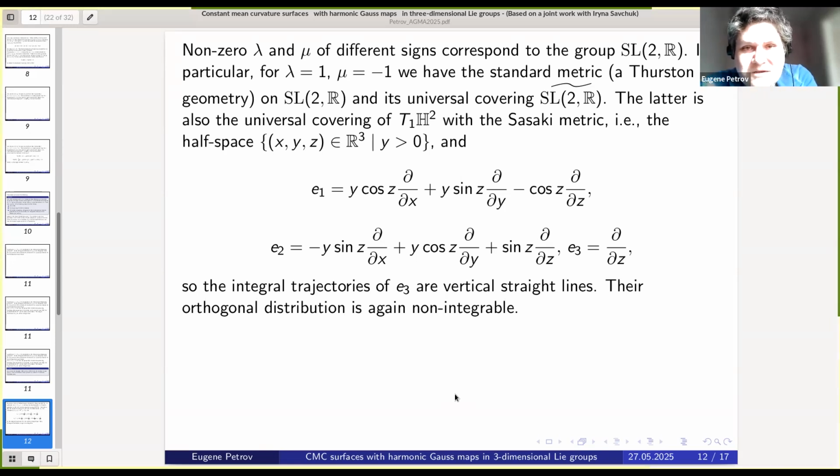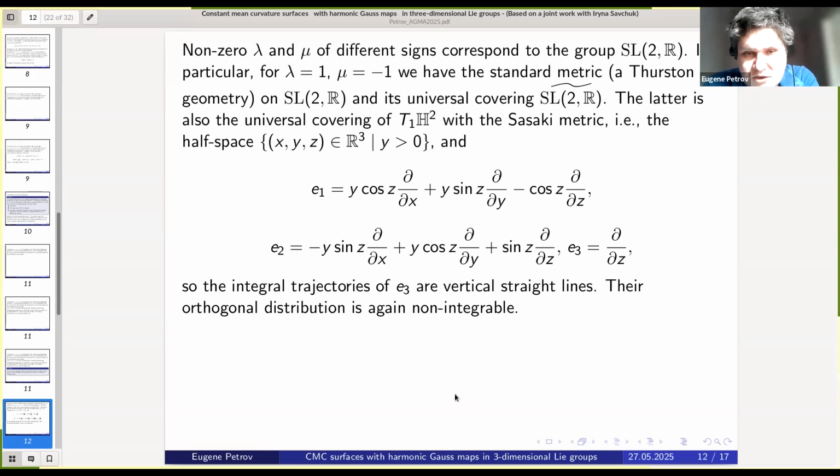So it's a standard Thurston geometry, as you heard from Igor already. This is also the universal covering of the unit tangent bundle of the hyperbolic plane with the Sasaki metric. And it has the following model. Of course, we can obtain it from the half-plane model of H2. And in particular, the basic fields are as such.